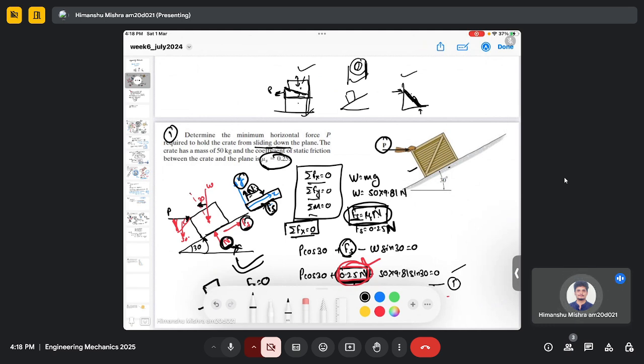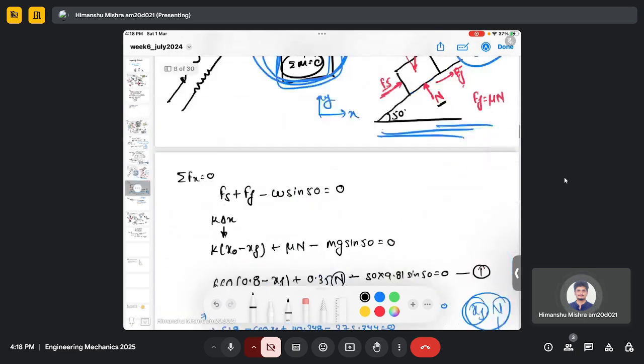This crate wants to slide in the downward direction due to gravity, and therefore the friction force should be in this direction because the crate has a tendency to go down. Similarly, in the latest problem, the weight has the tendency to go down, right? We are pulling it upward.